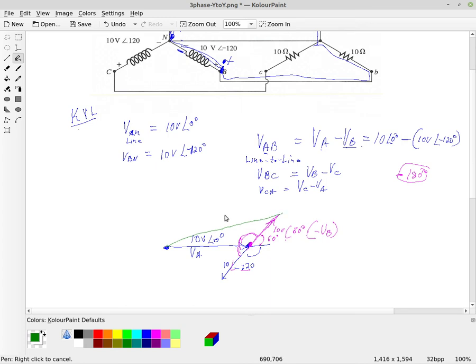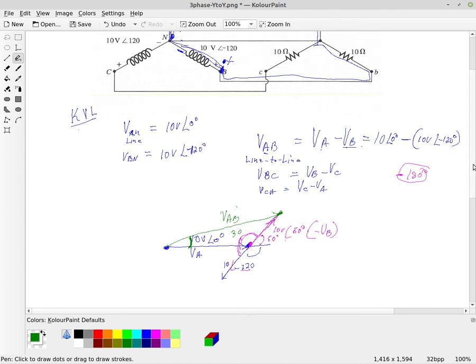So VAB, the line-to-line voltage, is going this way. The voltage is ahead, and it turns out it's going to be 30 degrees ahead. If I would have drawn this to scale, I could use a protractor and measure the angle, and we would see that the angle is 30 degrees.